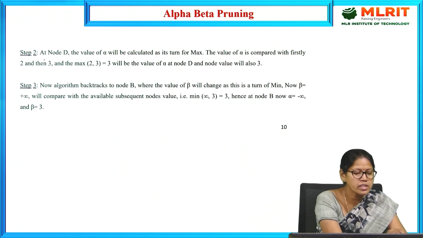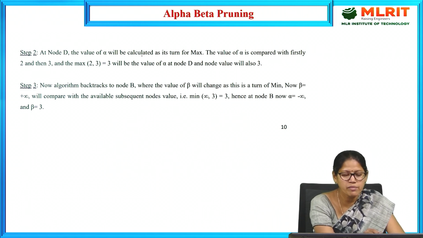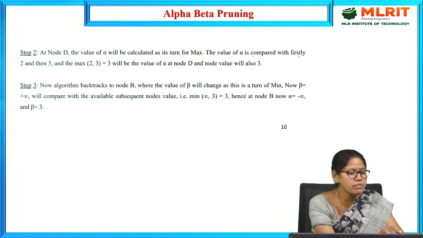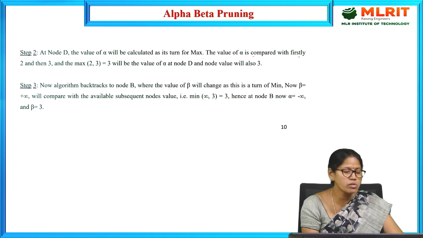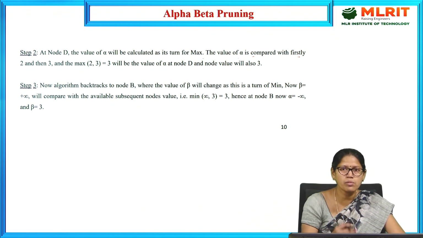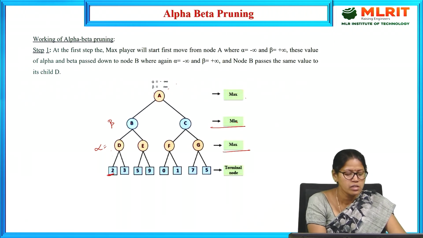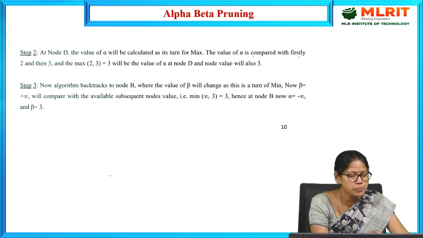At node D, the value of alpha is calculated, as it is a max node. It is compared with first 2 and then 3. The search goes depth first, top to bottom and left to right, starting with the left leaf node, 2 and then 3.